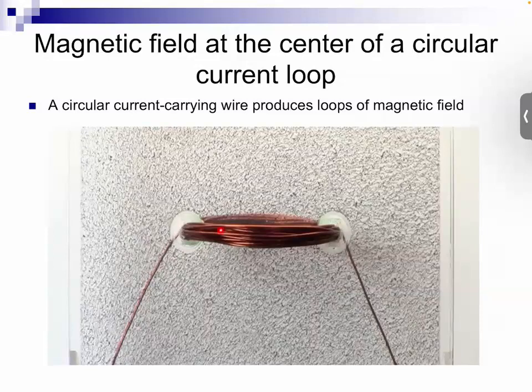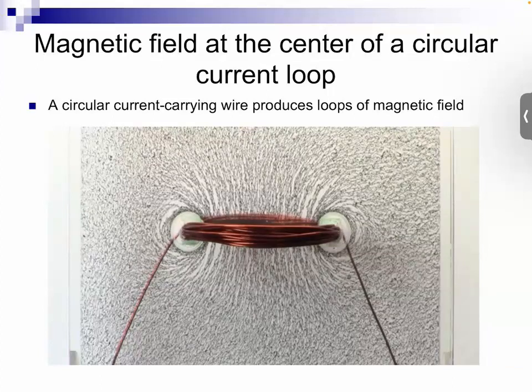You have here a wire, and these are iron filings around this wire loop. Current will be applied through this wire, and watch closely what will happen to the iron filings when current flows through this circular loop.